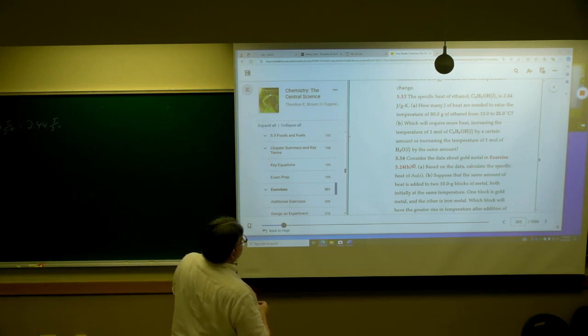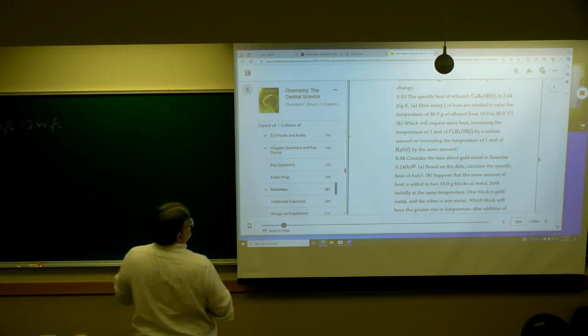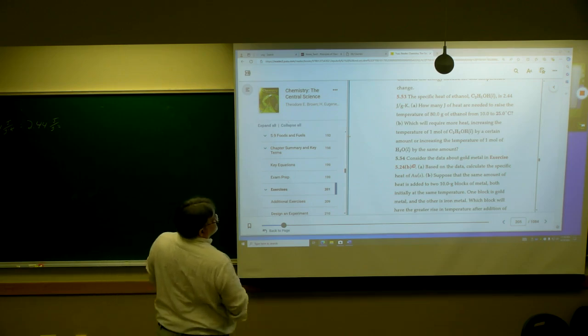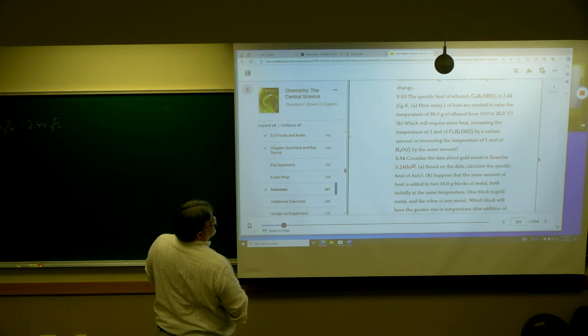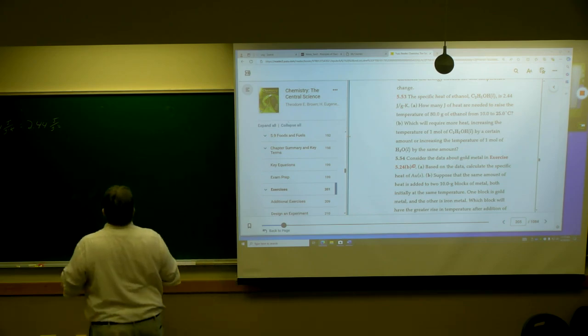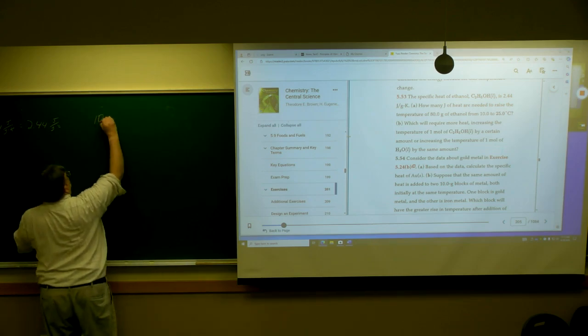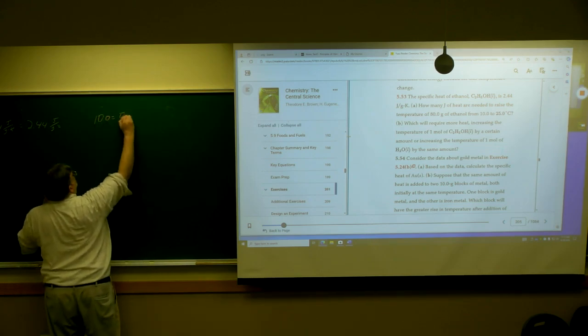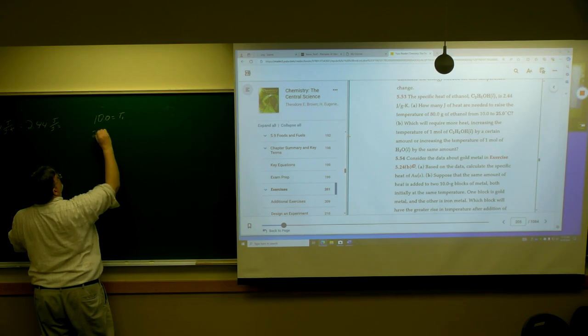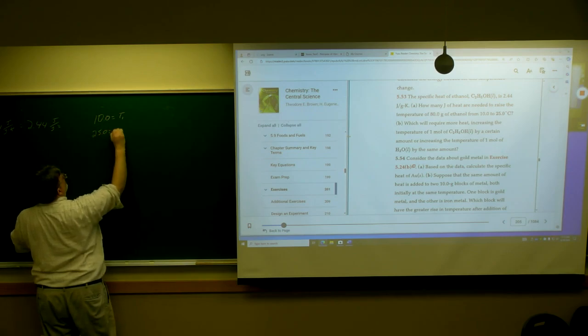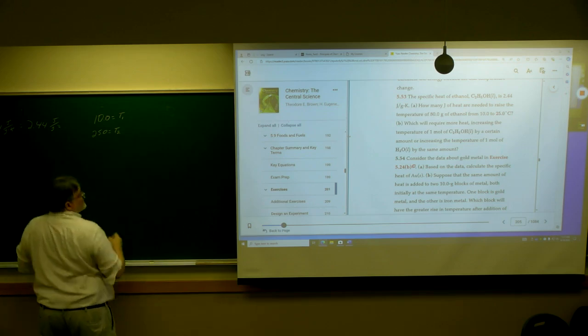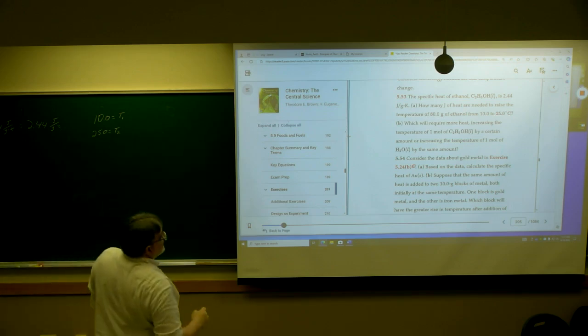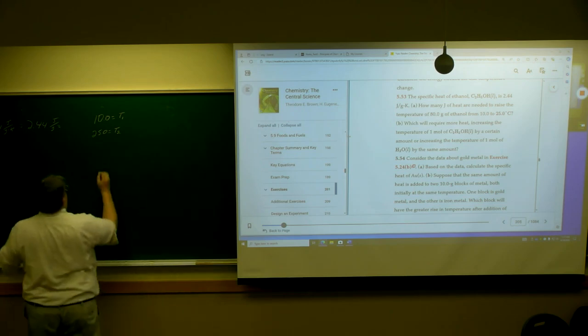How many joules are needed? Okay, so the mass is 80 grams, temperature 1 is 10, temperature 2 is 25, in 3 significant figures.